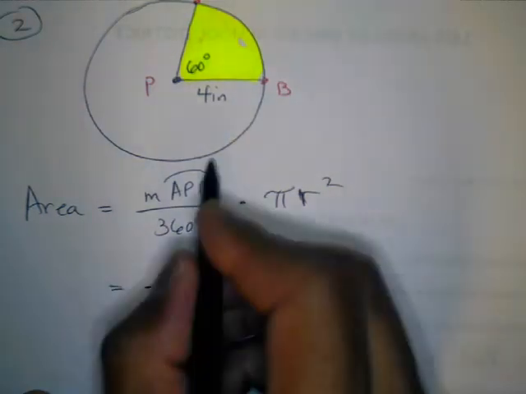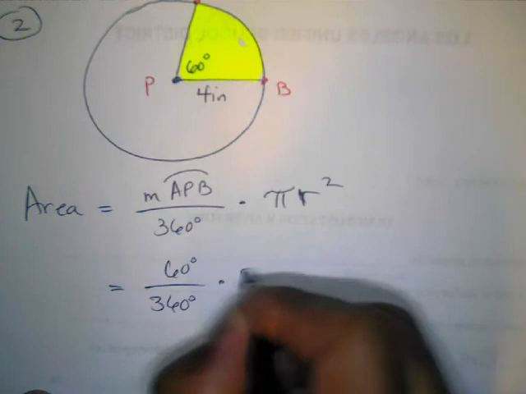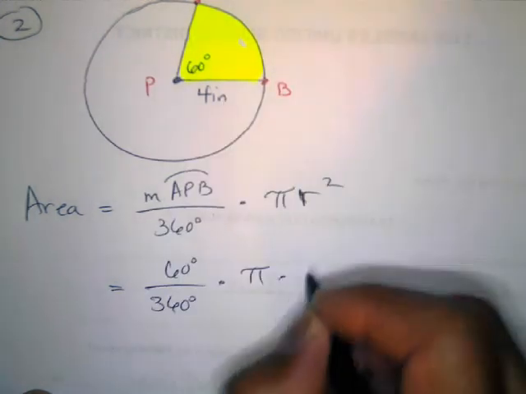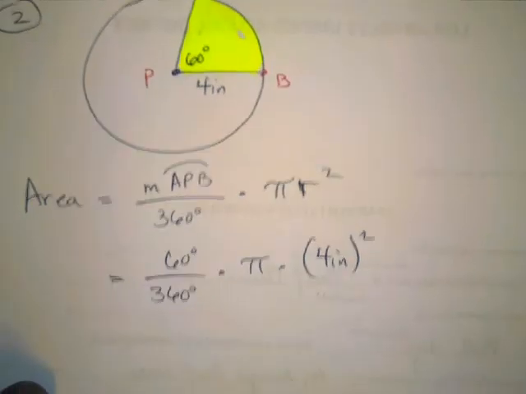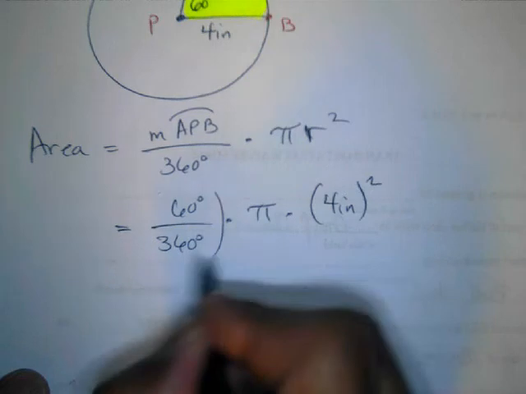And we got our radius, right? We got our radius and we got our angle. So that's going to be 60 degrees divided by 360 times pi times, what is the radius? 4 inches, but you got to square that.